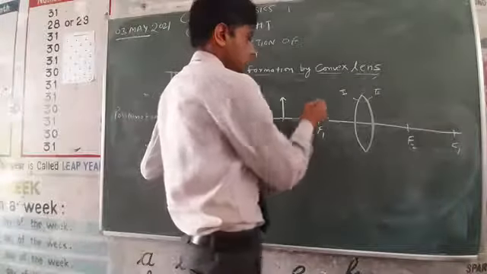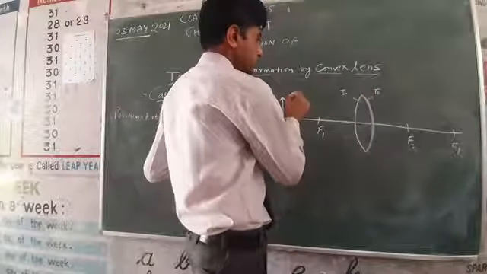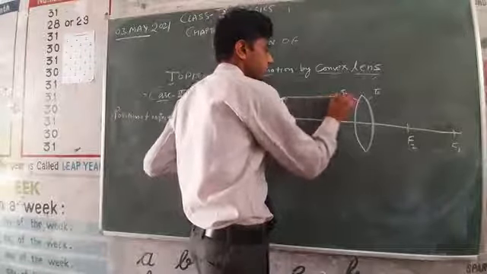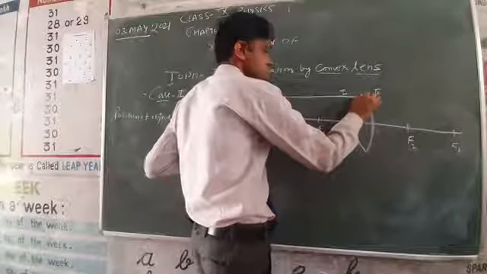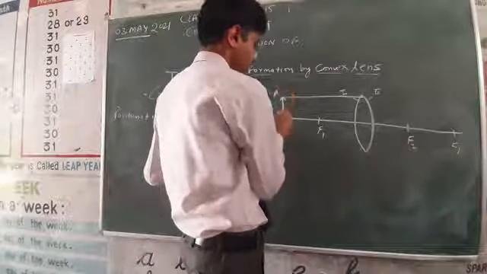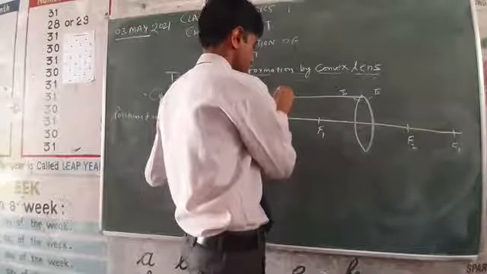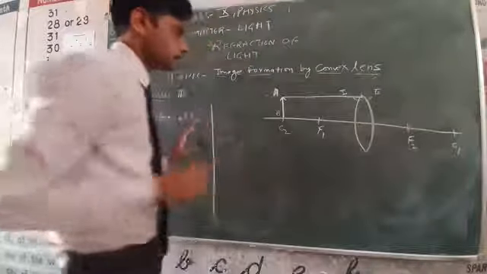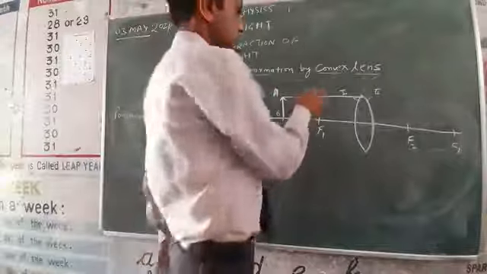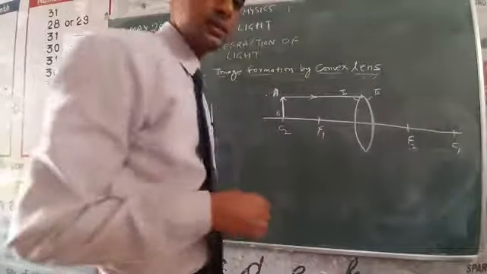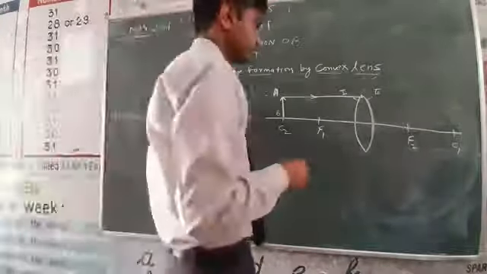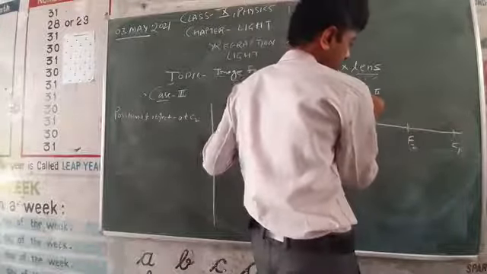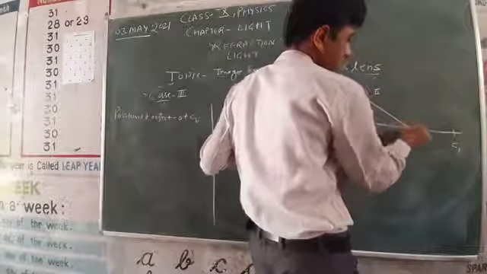You know, the ray of light travels parallel to the principal axis from the top, and this is object AB. The ray of light travels parallel to the principal axis. After refraction, it passes through F2.